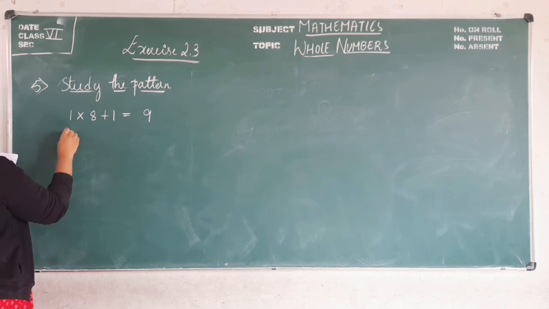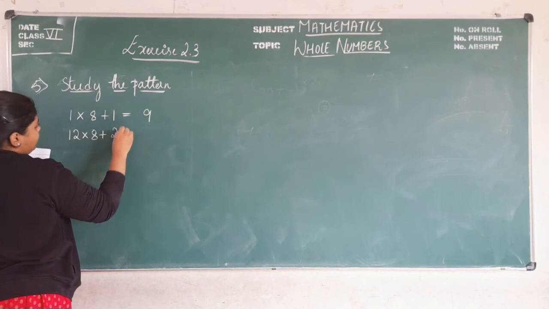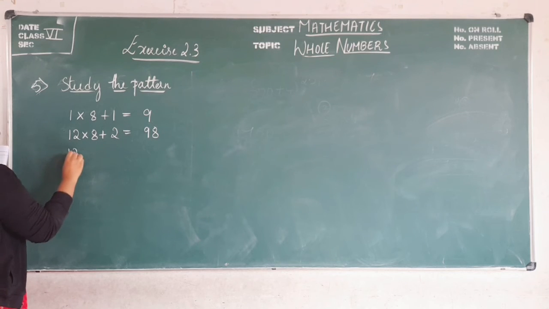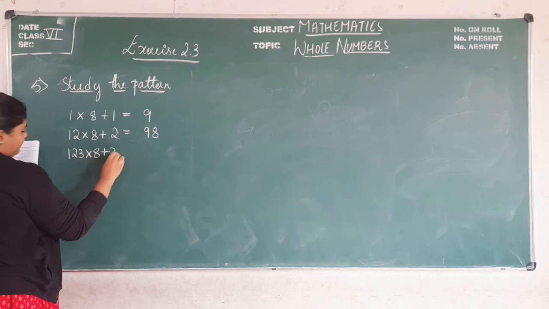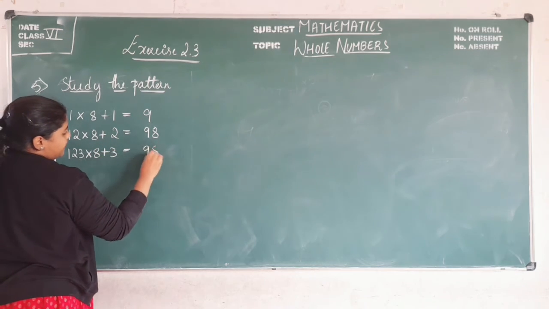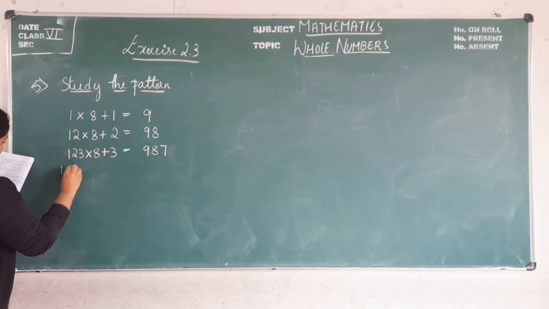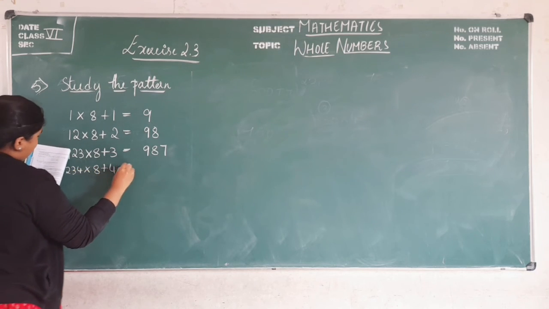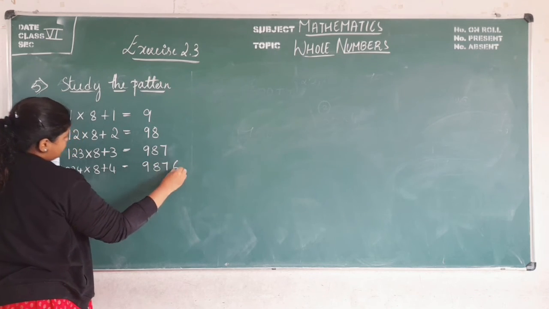Then 12 into 8 plus 2 is equal to 98. Then 123 into 8 plus 3 is equal to 987. Next, 1234 into 8 plus 4 is equal to 9,876.